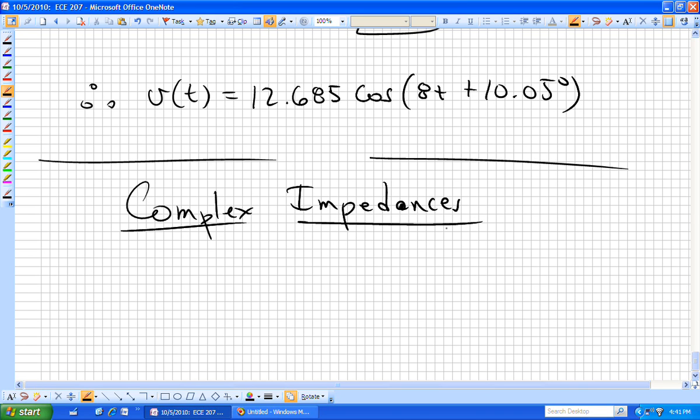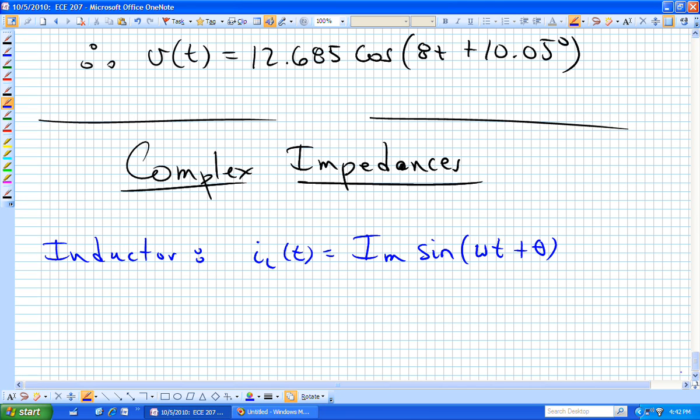Suppose I'm working with an inductor and somebody says, let's say that inductor current is I sub L of t, a magnitude of I sub m sine of omega t plus theta. That's the current. What's the voltage of that inductor?